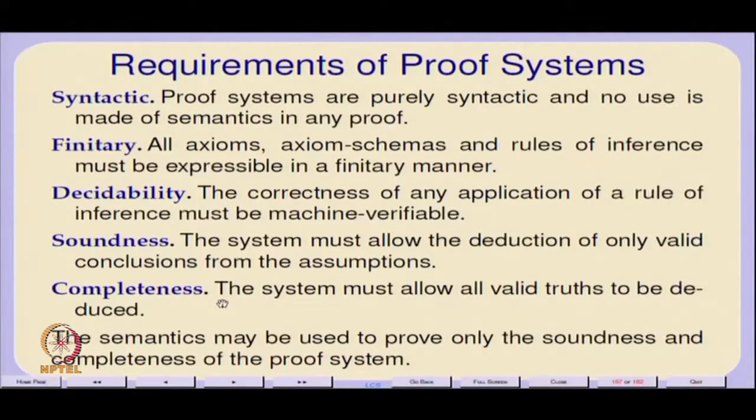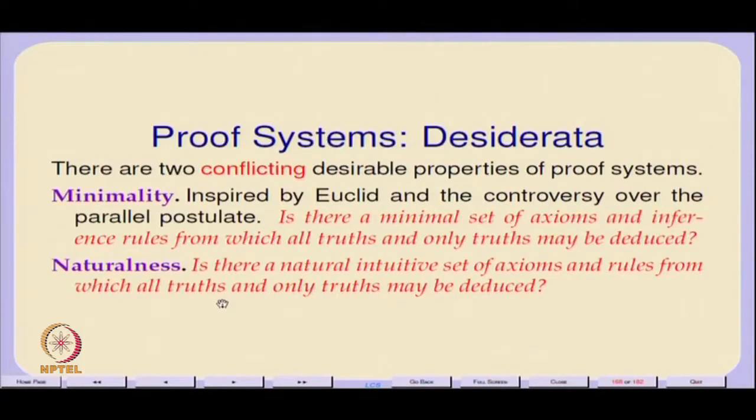So, this is how we are going to look. Our focus is really on proof systems and the notion of deduction, right. Now, when you look at proof systems and their desirable properties, there are two kinds of desirable properties, which are not necessarily in agreement with each other.